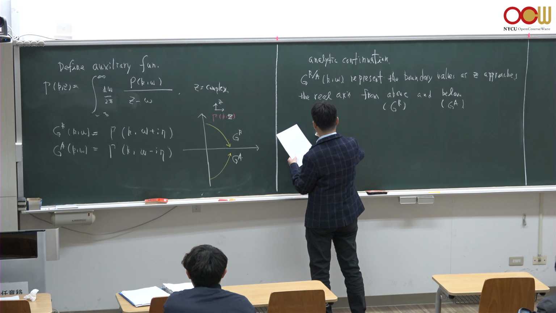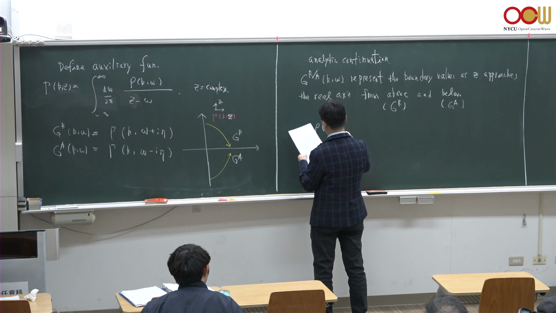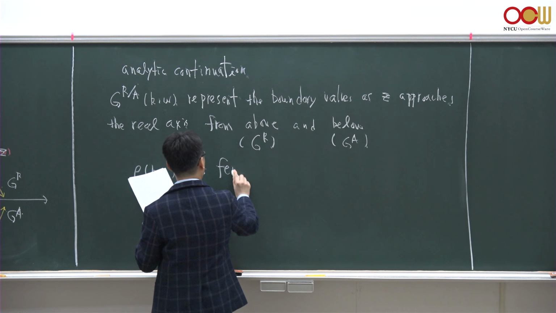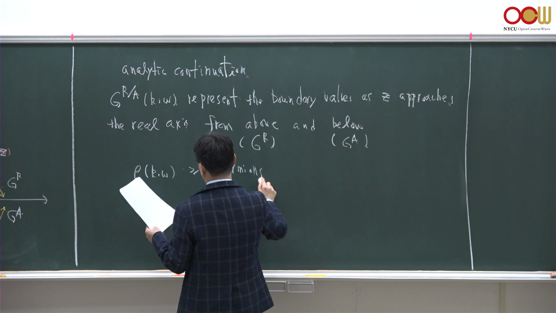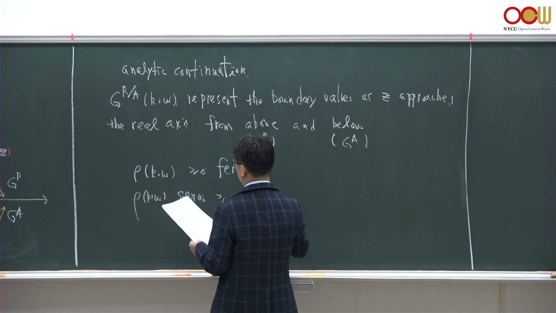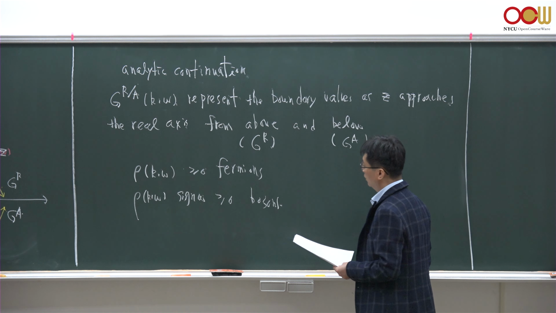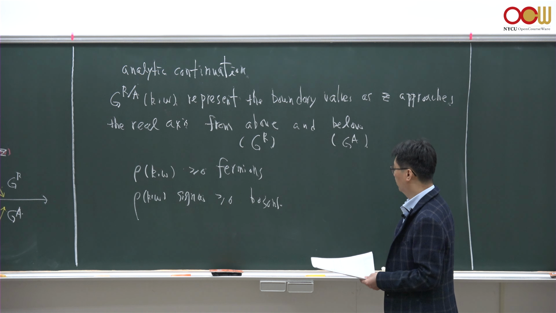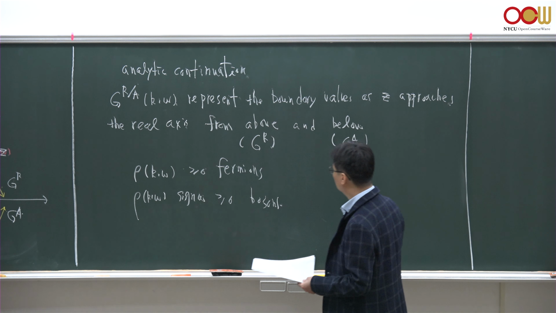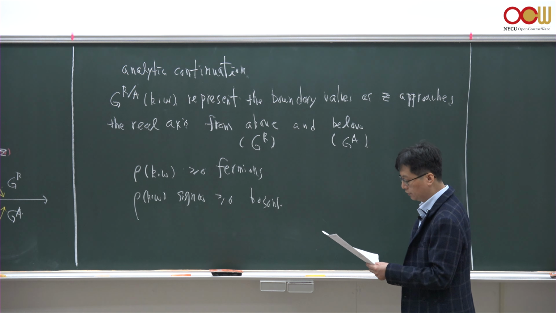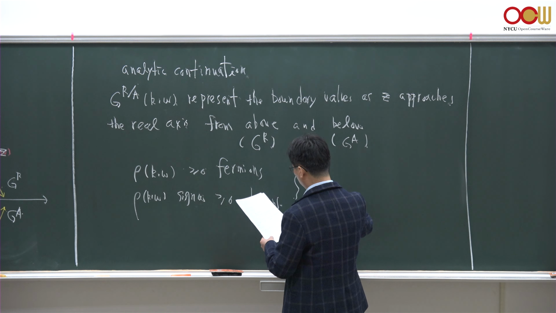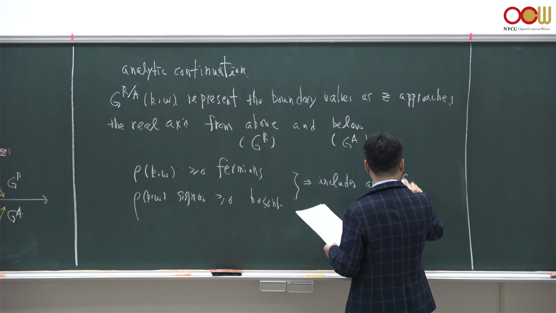So we can define the spectral density for fermions and also for bosons. For fermions, this quantity rho is always positive definite. For bosons, rho times sign omega should be positive definite. And this includes all the information we need.